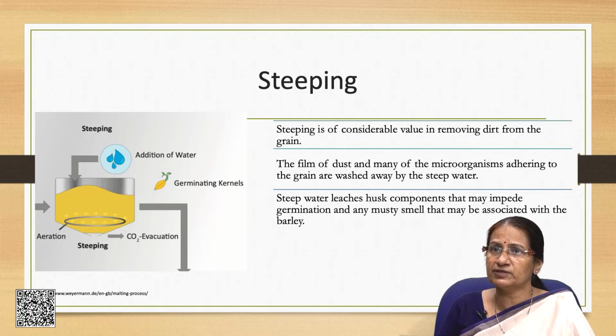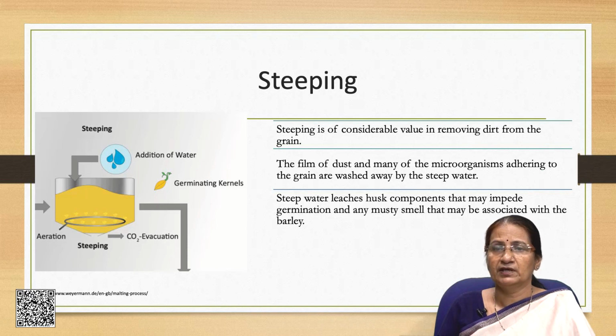In addition to supplying water and oxygen to the barley, steeping is of considerable value in removing dirt from the grain. The film of dust and many of the microorganisms adhering to the grain are washed away by the steep water, and this cleaning action can be increased if special equipment is used to agitate the barley during steeping.